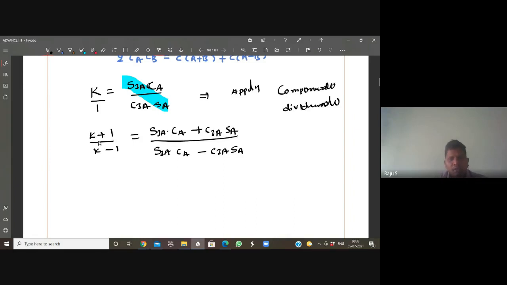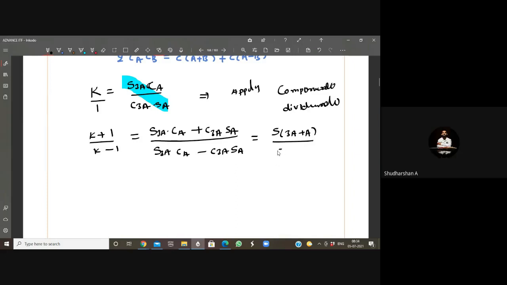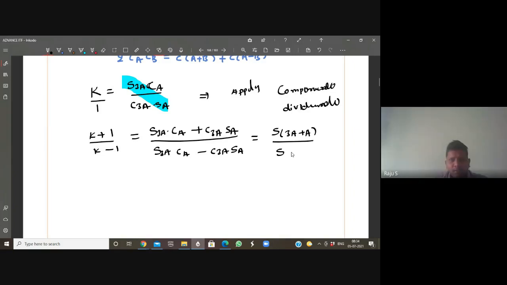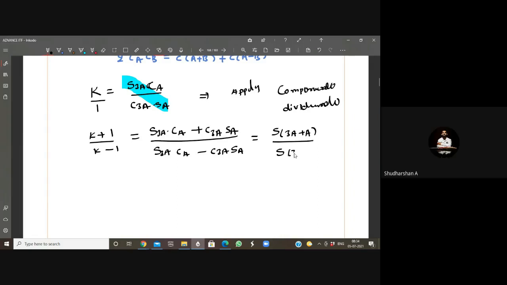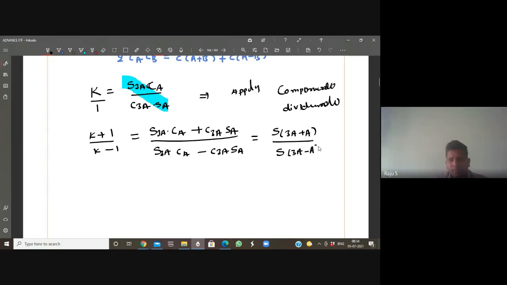Okay, now here k plus 1 by k minus 1. If you observe the numerator, it is sin A cos B plus cos A sin B, that is sin(A plus B), so 3a plus a. The denominator is sin(A minus B).